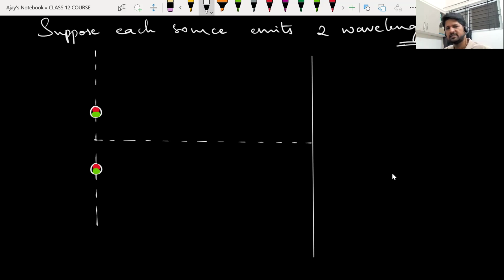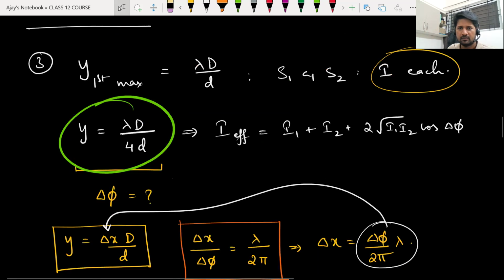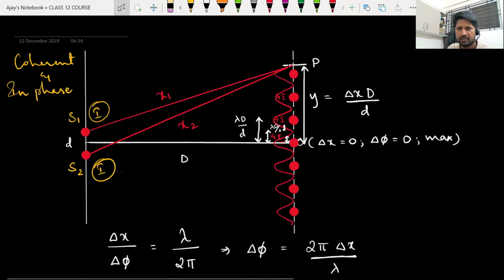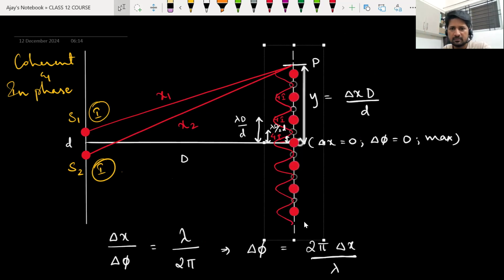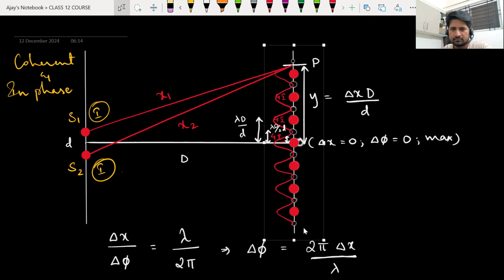Light from both sources will be reaching every point of the screen. Now, suppose both sources emitted wavelength corresponding to red, only red. Then you would have seen a pattern of red dots like this observed on the screen. Let me copy this.